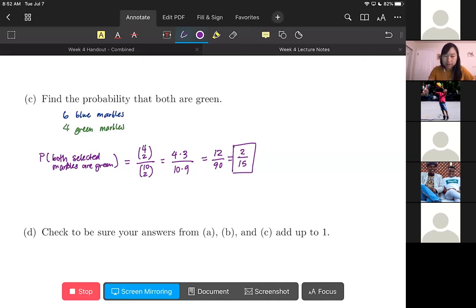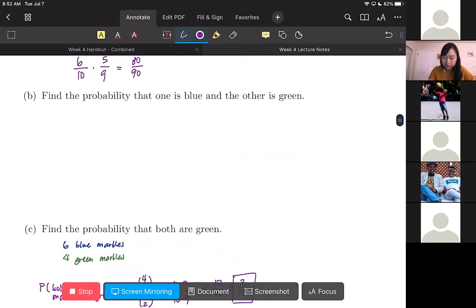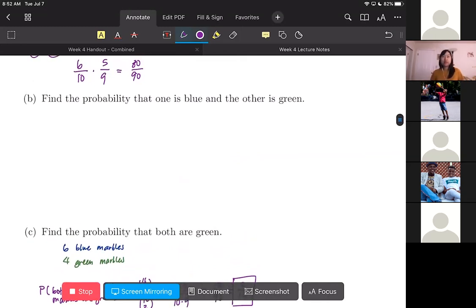All right. So then let's do the middle one, which is a little trickier. What's the probability that one is blue and the other is green? Any ideas? There are 6 blue marbles and 4 green marbles, so we could multiply them together and divide it over 10 choose 2.